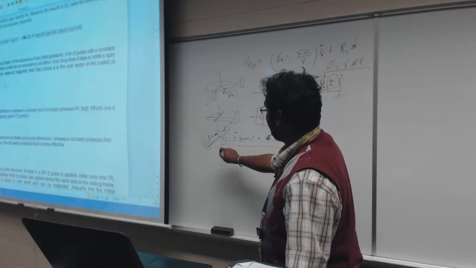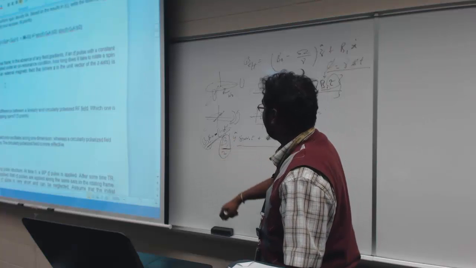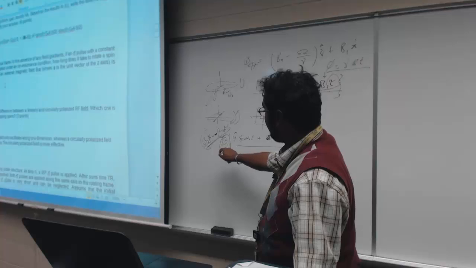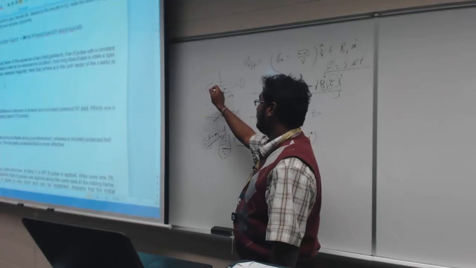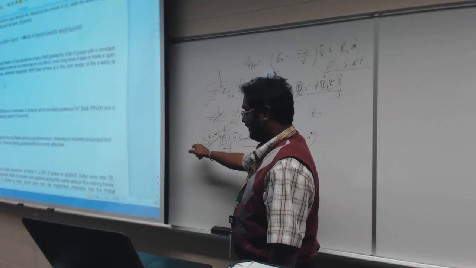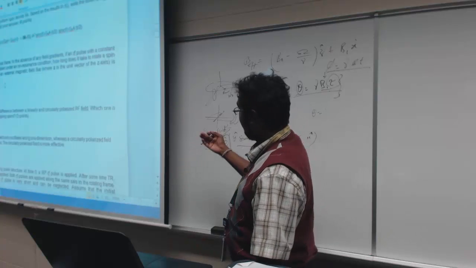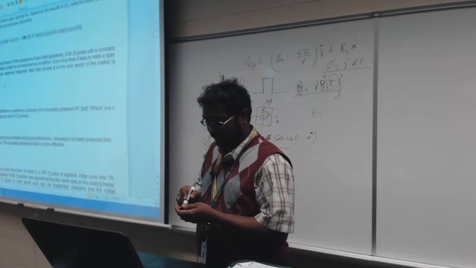And so basically the amplitude of the applied B1 field is half in the circularly polarized coil versus a linearly polarized coil. So that's essentially what the difference is talking about.